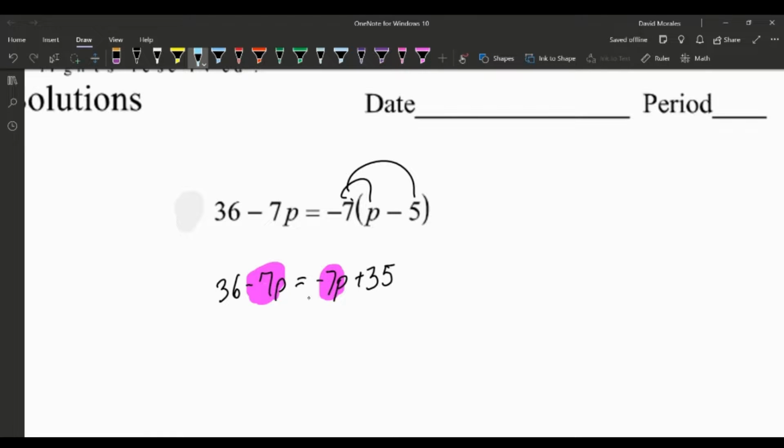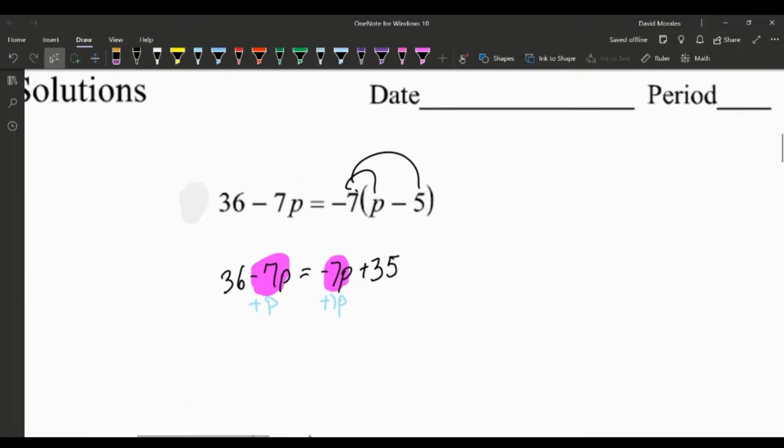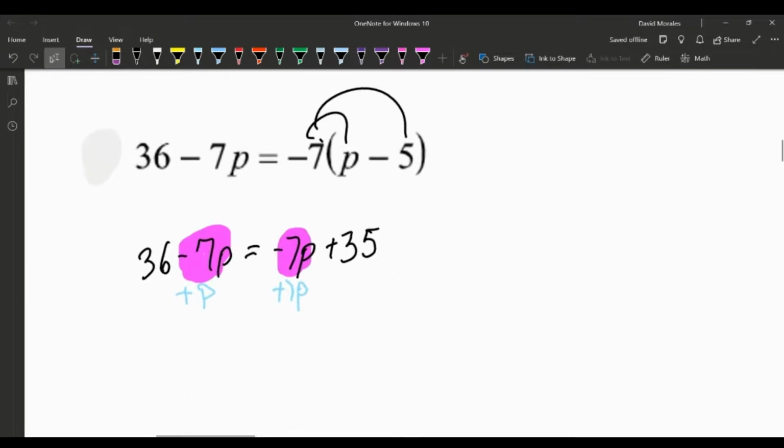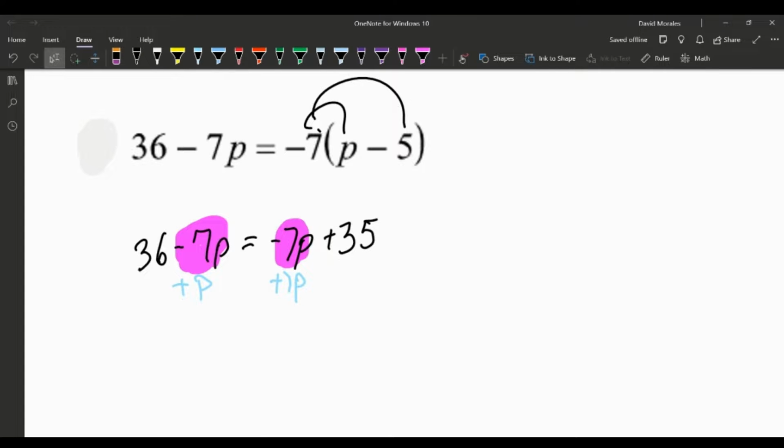We're going to move this p. So what is the opposite of subtracting? Adding. So we're going to add 7p to both sides. And something's going to happen here now. We're going to drop the 36. This is a 7p.